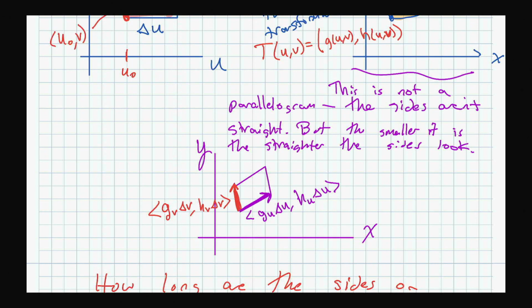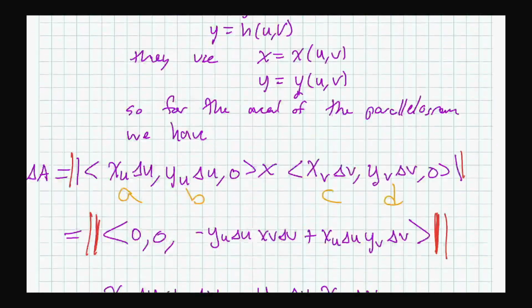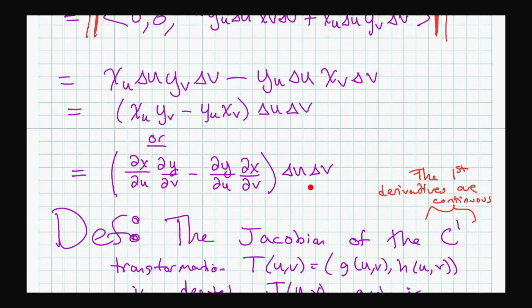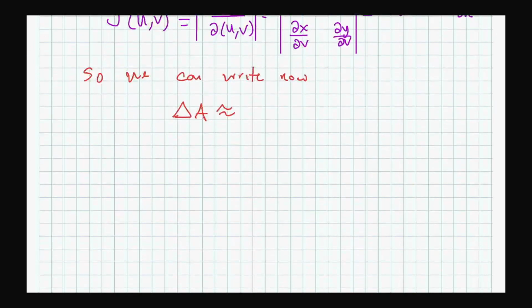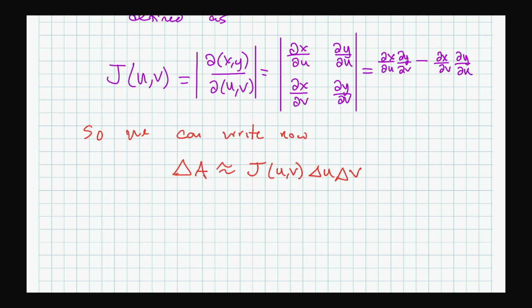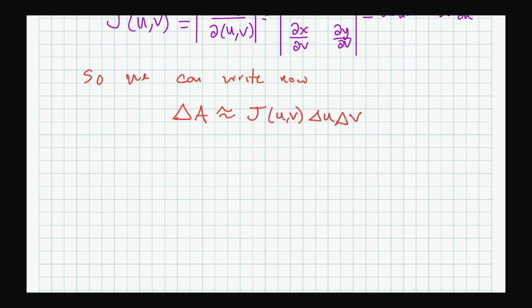If we pretend it has straight sides, then it's a parallelogram, and we calculated the area of that parallelogram to be this. So delta A is approximately equal to the Jacobian times delta U delta V. So yes, that is what we're doing.